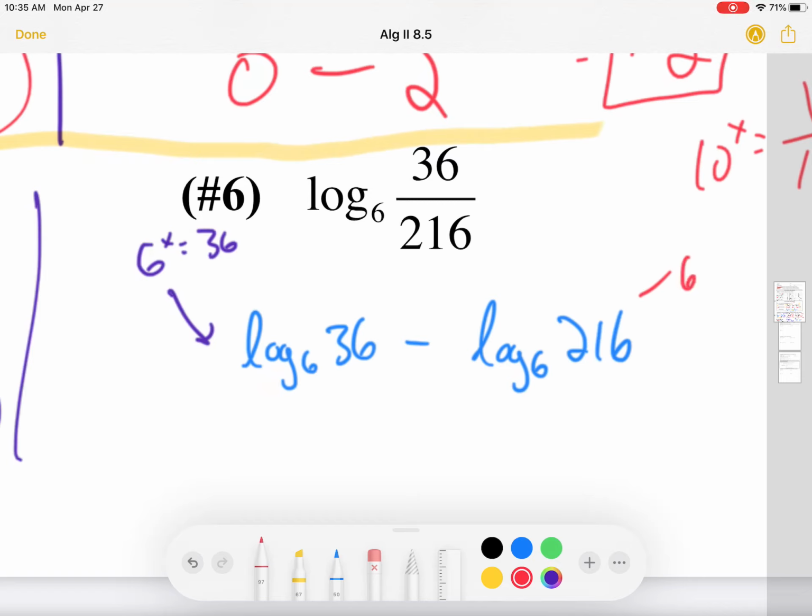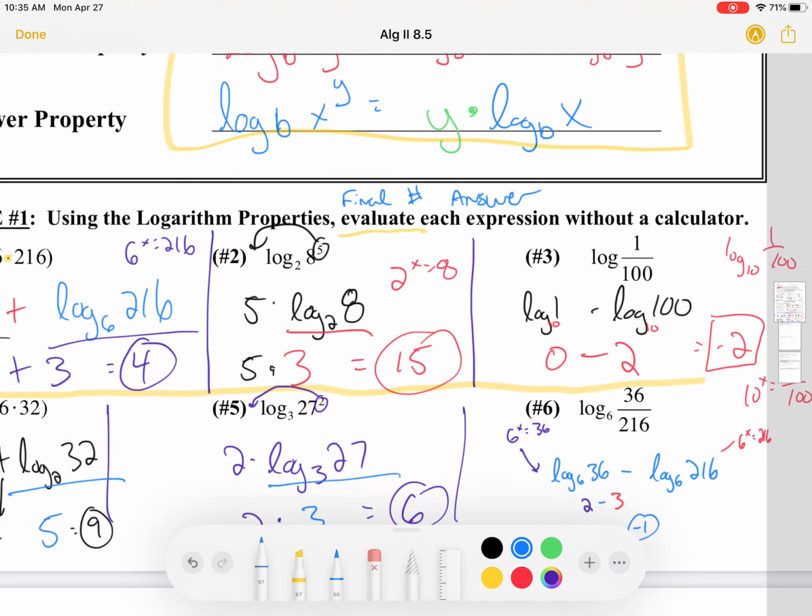This is saying 6 to what power is 216? 6 squared is 36. I should color code that better, sorry. That's why I got a little confused. 6 to the third power is 216. 2 minus 3 is negative 1. Okay, your final answer is negative 1 for that.